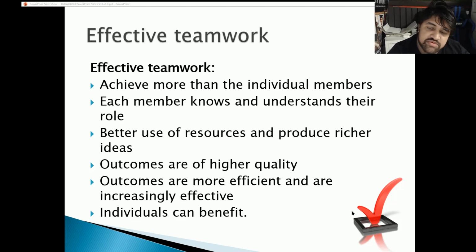We can use the resources a lot better and produce richer ideas. Our outcomes are at a much higher quality, and we become more efficient and increasingly effective when we produce those products, and we all can benefit, including the business, and not be unhappy about what we're doing every day.